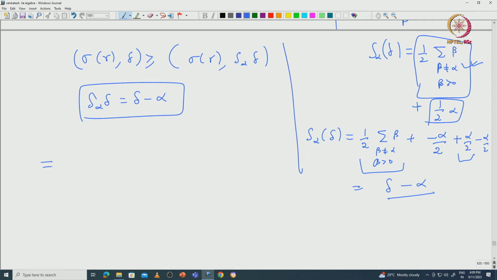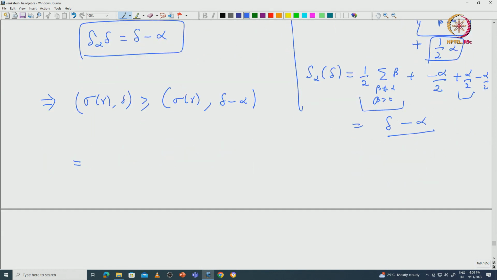So, that implies that sigma gamma delta is greater than or equal to sigma gamma comma delta minus alpha. So, now if you just calculate, so this implies that sigma gamma alpha must be greater than or equal to 0. Since gamma is regular and sigma permutes all the roots, so that implies that sigma gamma comma alpha, so that must be positive.